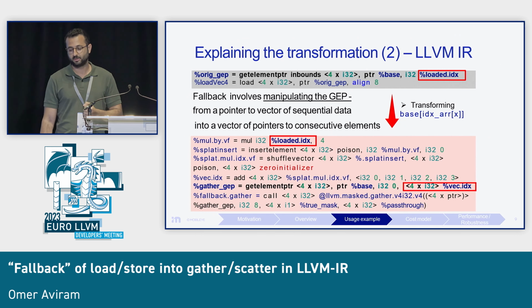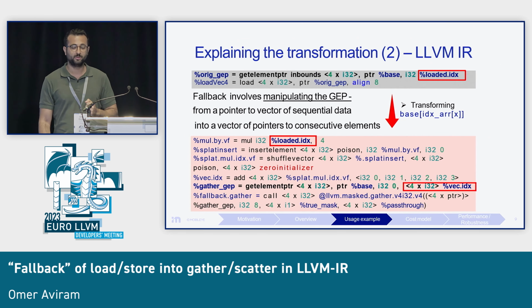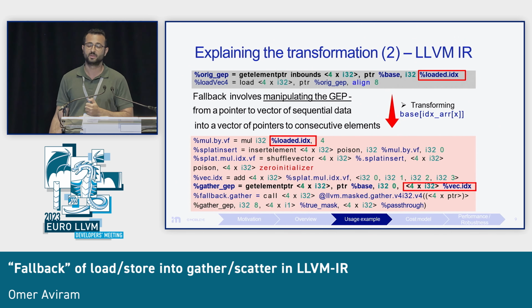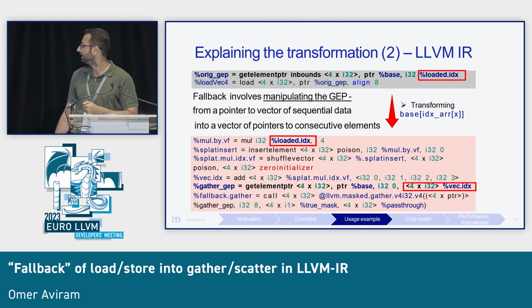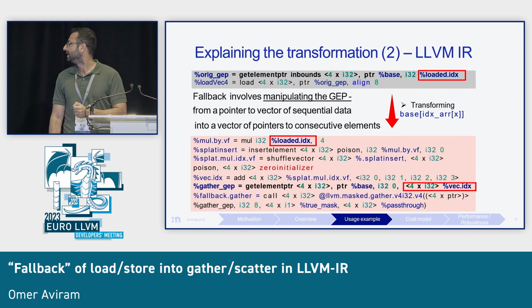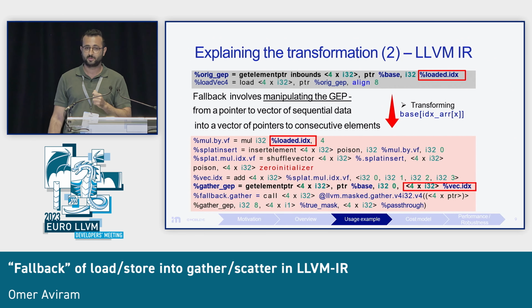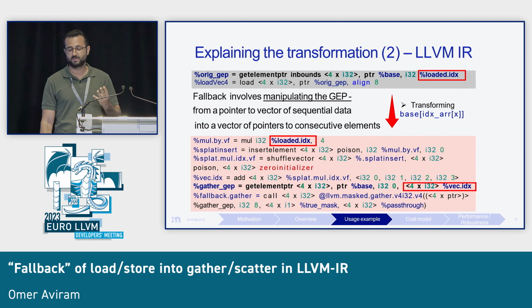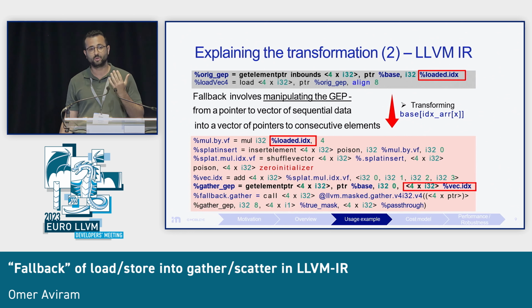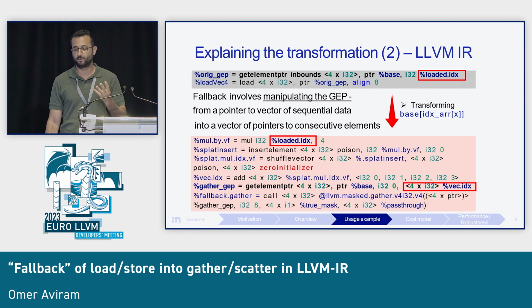I'm not going to get into every line of code here, but just look at the red marked indices. The load instruction has a single pointer, while the gather instruction gets 4 pointers because it loads a vector of 4 elements.